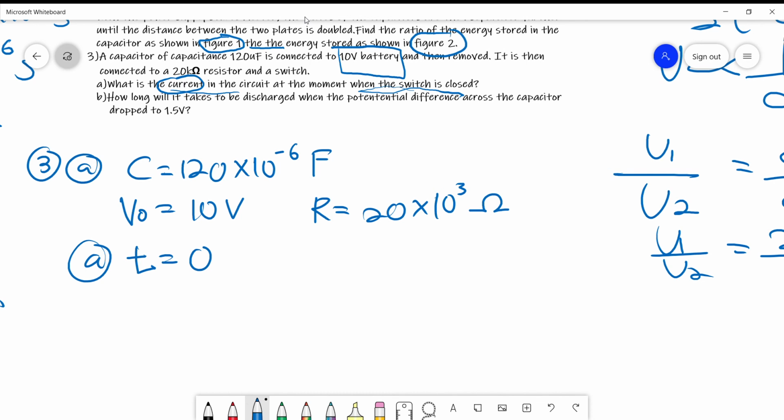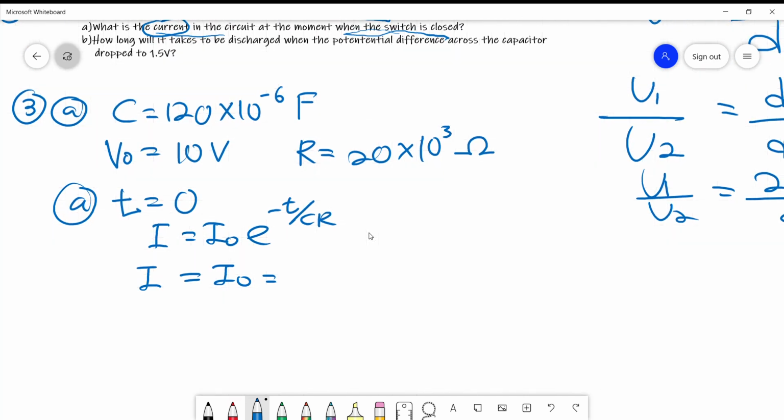The formula for the current is I equals I naught e to the power negative t over CR. Since t is 0, I equals I naught, which is the maximum current. The maximum current is V naught over R, as we discussed in the previous question.